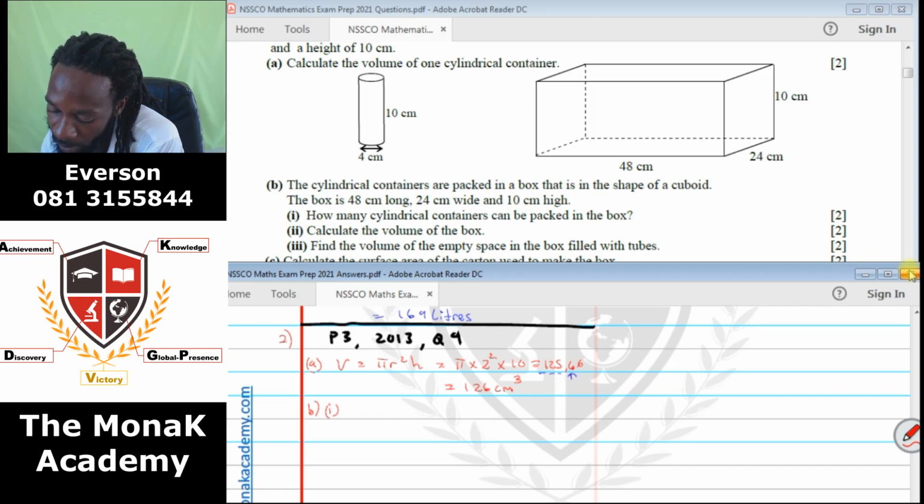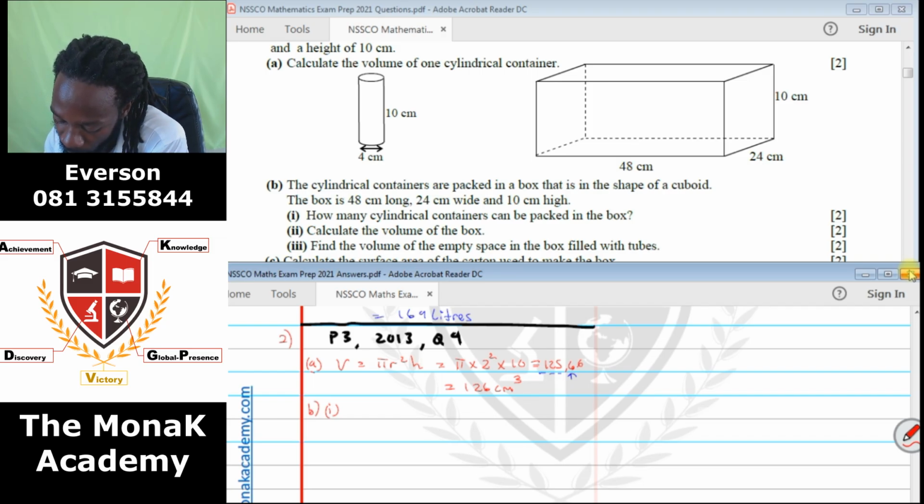The box is 48, 24 and 10 as shown on the diagram. How many cylindrical containers can be packed in the box? So we want to know how many can fit lengthwise and how many can fit widthwise.